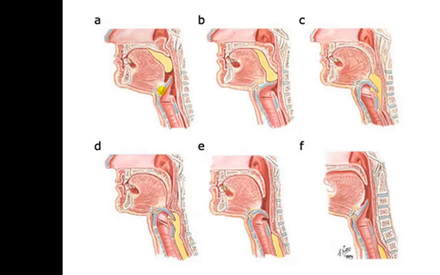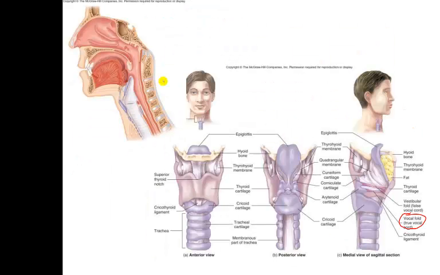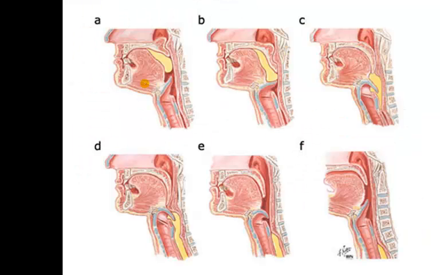That is the epiglottis, viewed in this sagittal section. So, this is the epiglottis sticking up. It sticks up and into the pharynx. Here's maybe a slightly clearer picture of it, the epiglottis sticking up and posteriorly into the pharynx.